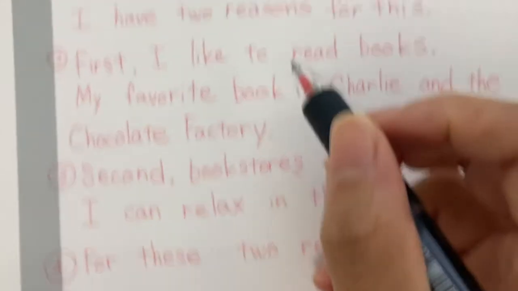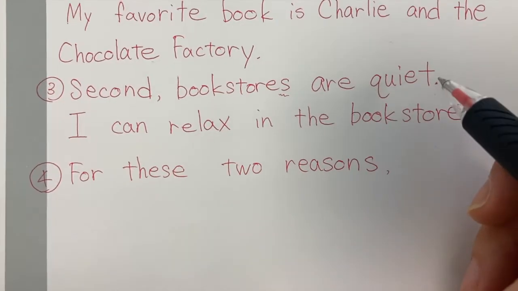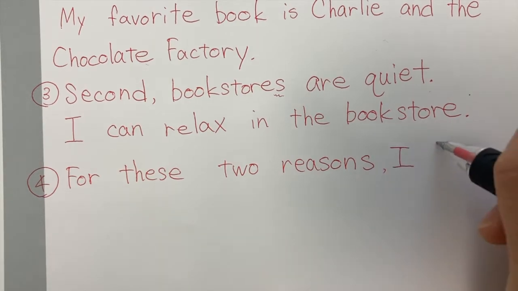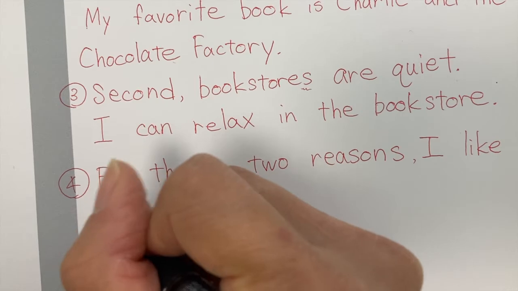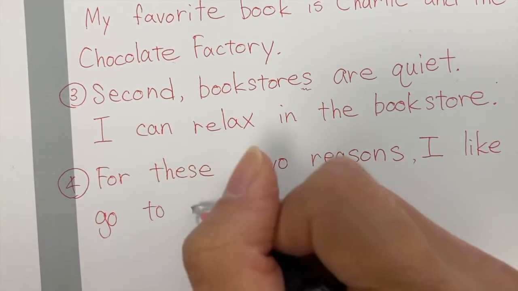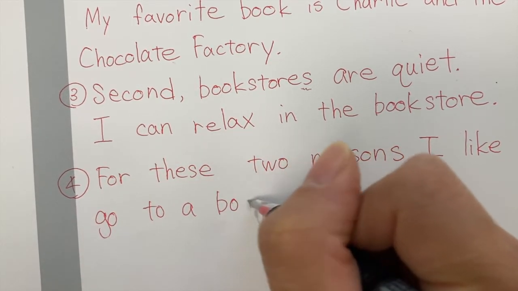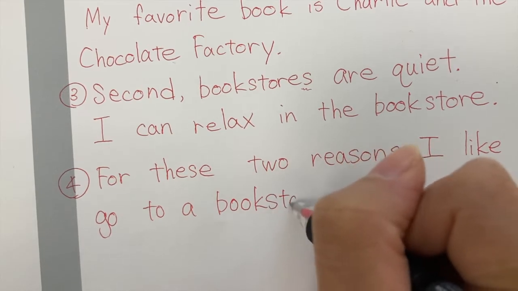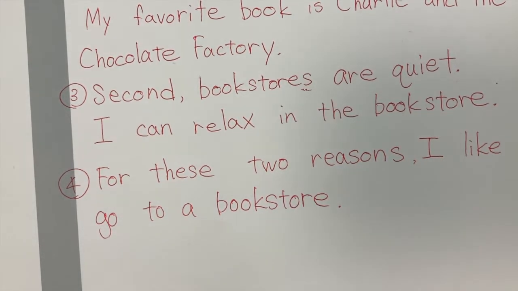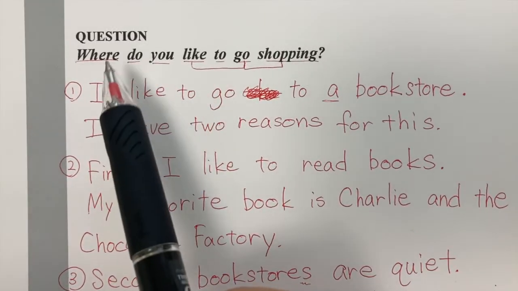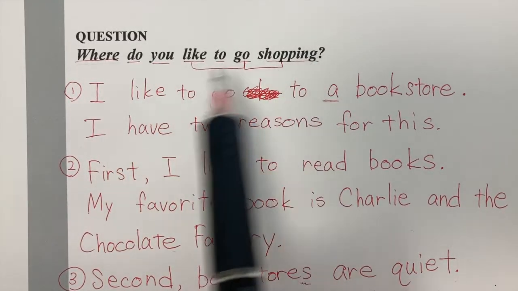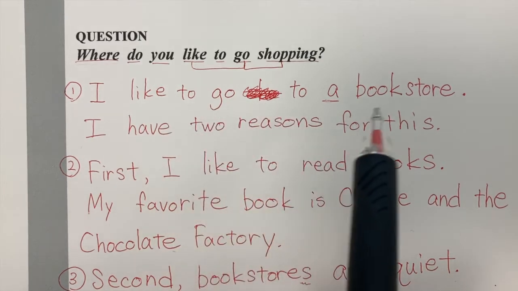And then I write the first sentence again. I like to go to a bookstore. All right, let's look at our writing. Oh, my mistake. Question. Where do you like to go shopping? I like to go to a bookstore.